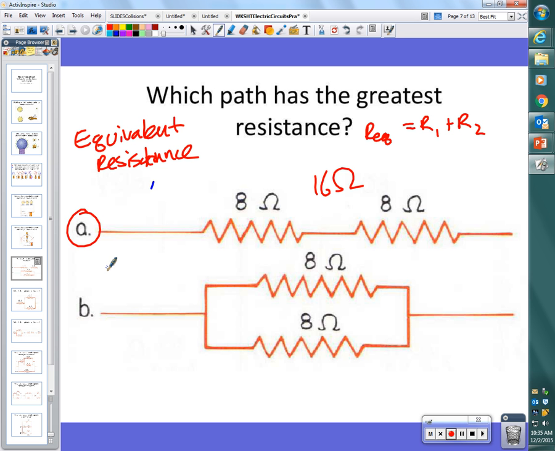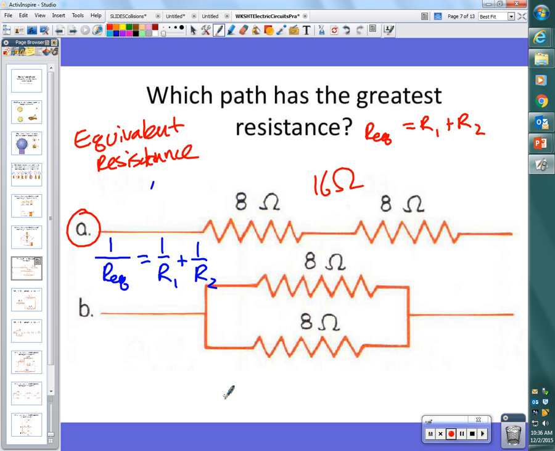Now, let's talk about how we mathematically do it. Equivalent resistance in parallel is a little different. It looks like this. We didn't actually write this down; it's on the back of your outline from yesterday. So if you look at the back of your outline, 1 over REQ equals 1 over R1 plus 1 over R2, and you would just keep going no matter how many resistors you had.